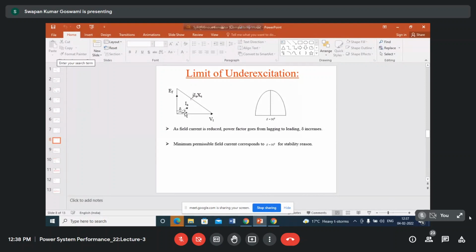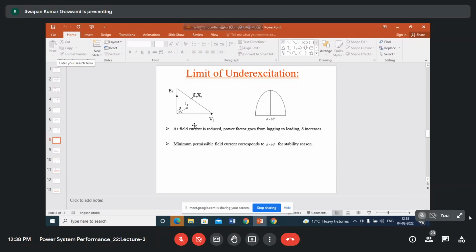Now the question is, if you overexcite the machine, that means if you supply larger field current than normal excitation condition, what will be the maximum field current that you can deliver? Who will decide that? What will be the deciding factor? Or what will be the limiting factor?